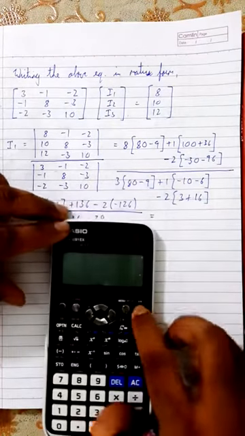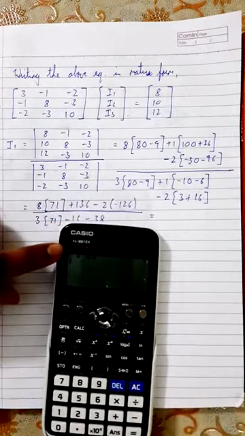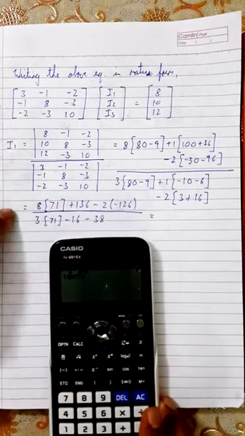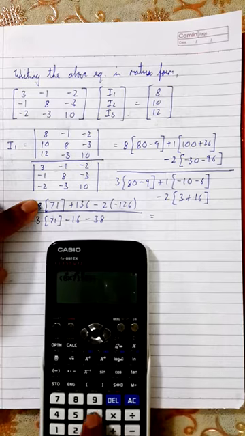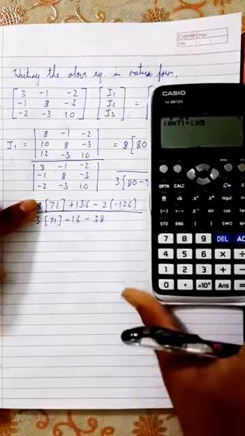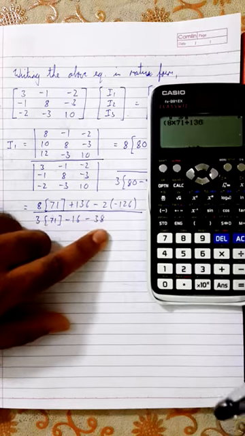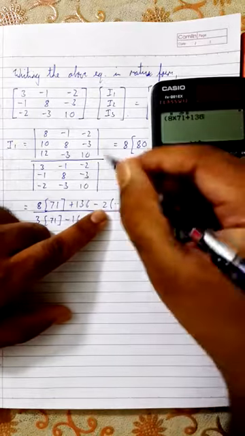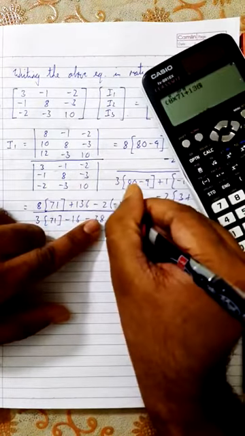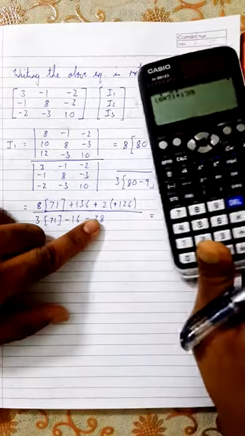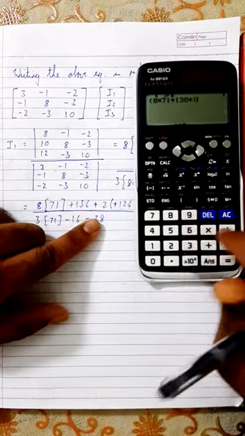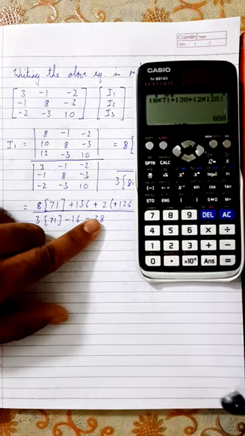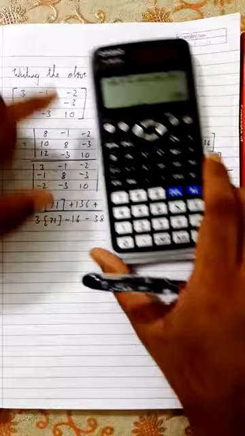So first I'll find the numerator. So numerator is 8 into 71 plus 136. This is minus of minus, so I can consider this as plus, so it will make my problem very easy, right? So it will become plus 2 into 126, which is equal to 956.